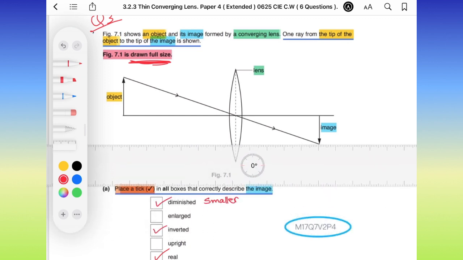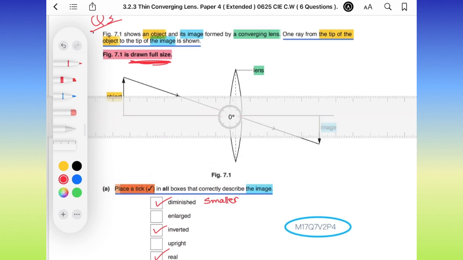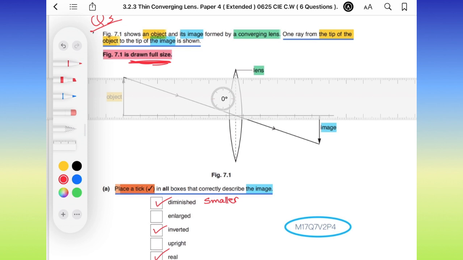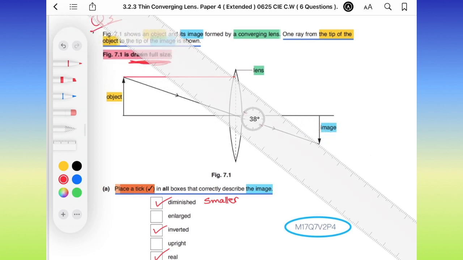Where the image is formed, you can draw a ray passing parallel to the principal axis. It will refract through the focus and it will intersect with the other rays to form the image.